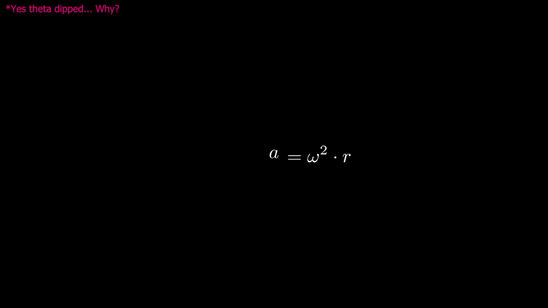We can also use omega squared equals v squared divided by r squared. v squared equals omega squared times r squared. Plug it in. A equals r times v squared divided by r squared, which equals v squared divided by r.